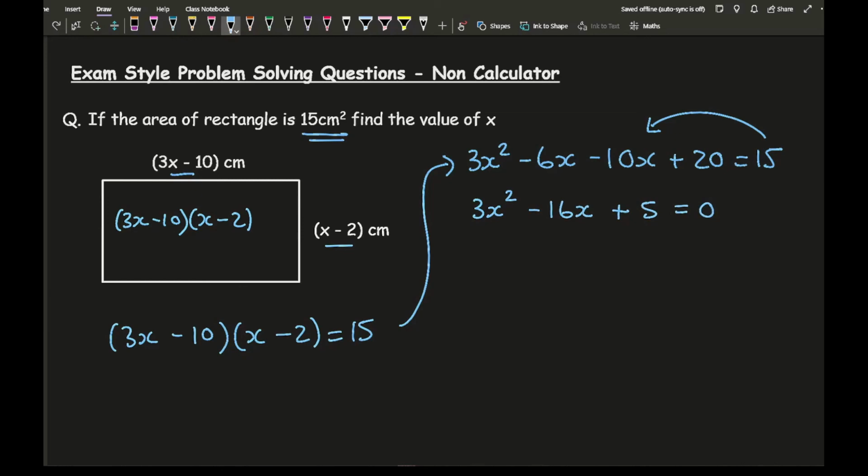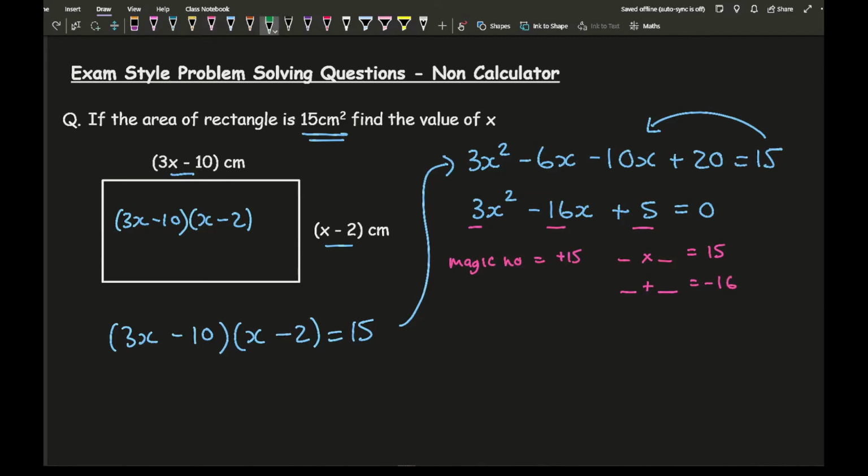Now here you can see that there is no common factor between 3, 16 and 5, so then we need to factorise this to solve it. So here our magic number in this case is going to be positive 15. So I'm looking for two numbers that multiply together give me positive 15, but added together give me minus 16.